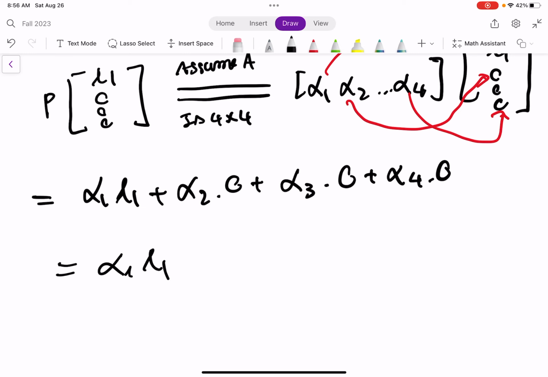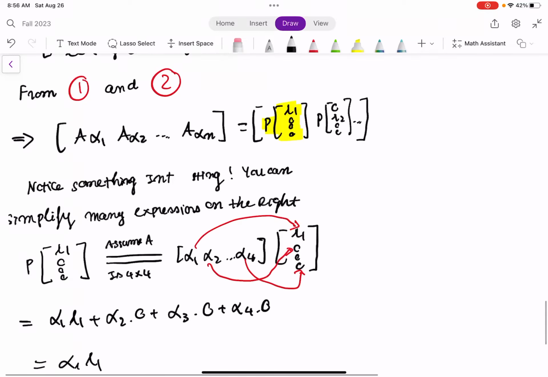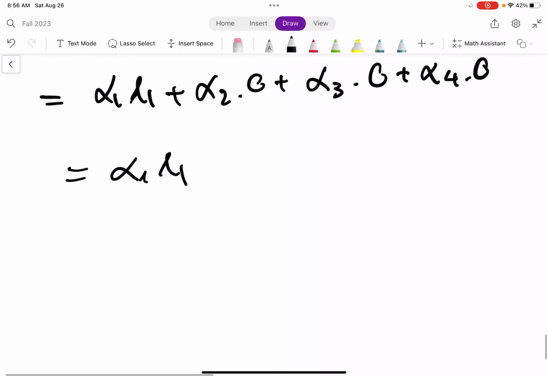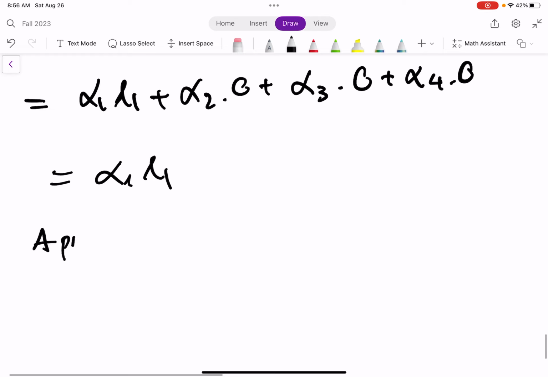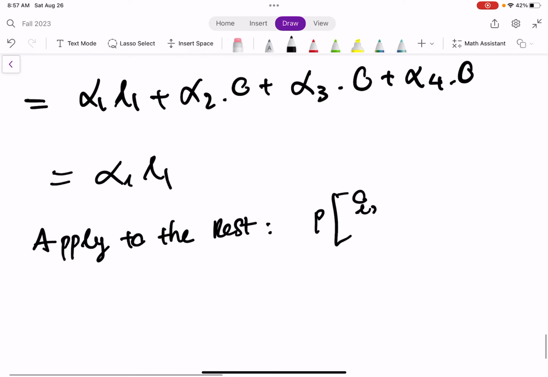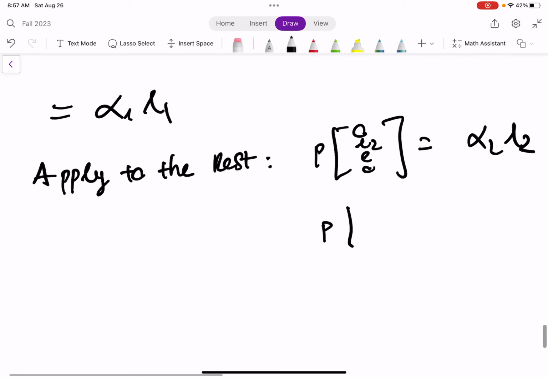If you apply this principle to the rest of the columns, you should get P times 0, lambda 2, 0, 0 equal to alpha 2 lambda 2, and P times 0, 0, 0, lambda n equal to lambda n alpha n.